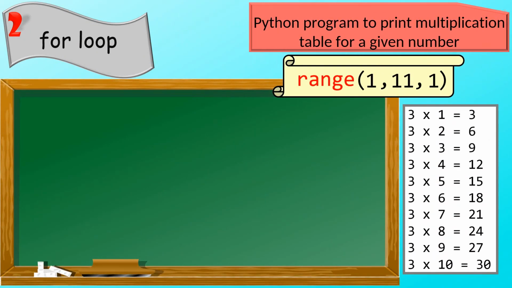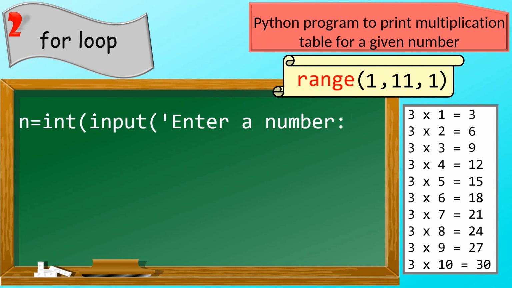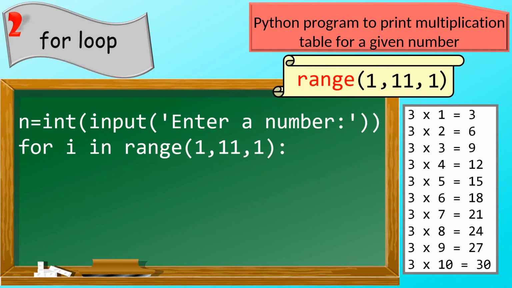First you get the input of n. n is equal to int(input("Enter a number")). Then we can write the for loop. For i in range(1, 11, 1) colon. Now you want the output to look like a multiplication table. So you have to write print statement in such a manner.